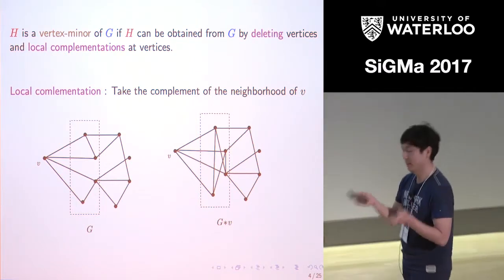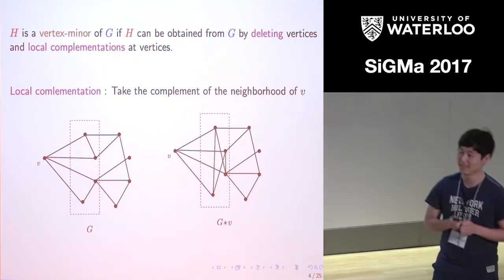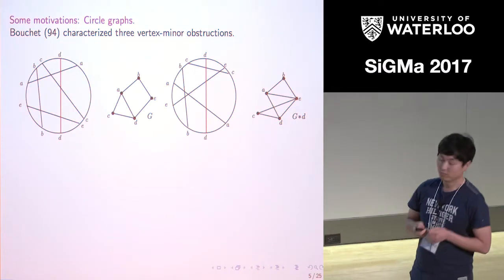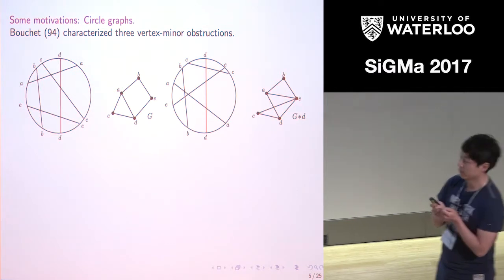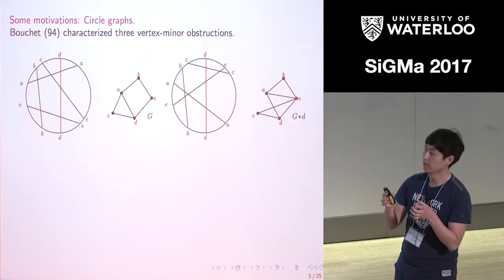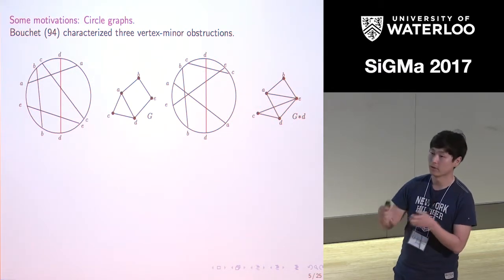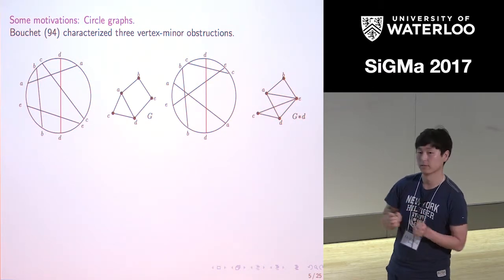I understand that I didn't motivate local complementation much, so I need to give you some motivation. There is a really interesting point about circle graphs. What are circle graphs? Circle graphs are a graph class with an intersection model of chords in a circle.